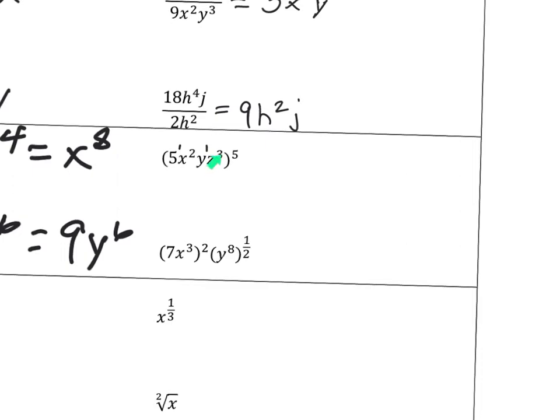And then the exponent for z is 3. So now, think of this like you're distributing this 5 to all the exponents inside. So it'd be 5 times 1, and so that'd be 5 to the 5th. 5 times 2 would be x to the 10th. 5 times 1, y to the 5th. 5 times 3, z to the 15th.